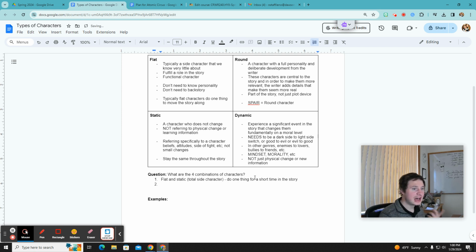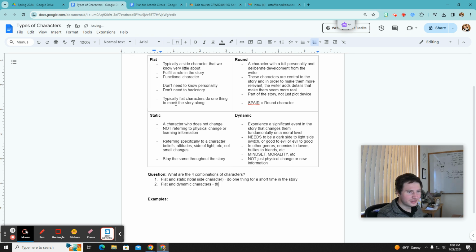Then we would have, and this might not seem possible, but is possible, flat and dynamic characters. This one is funny because it means we have a character who does exactly one thing and is typified by one thing in the story, and that thing changes.